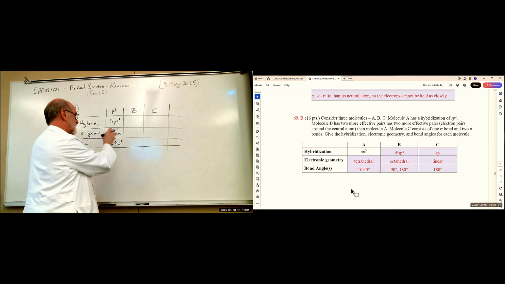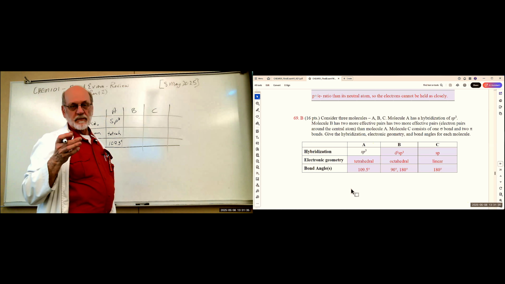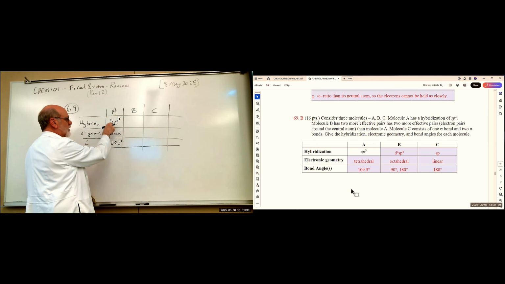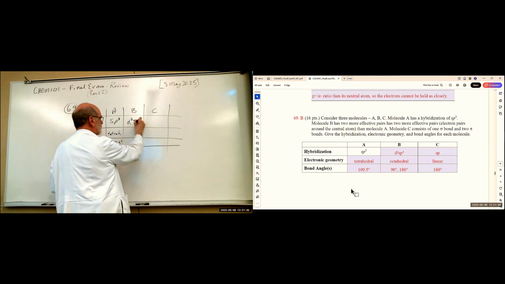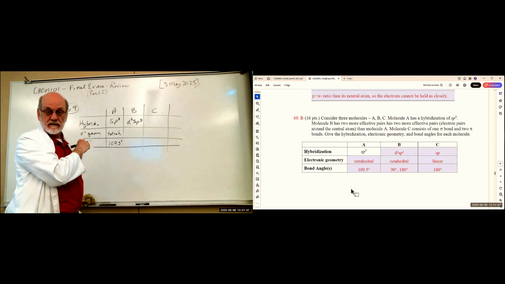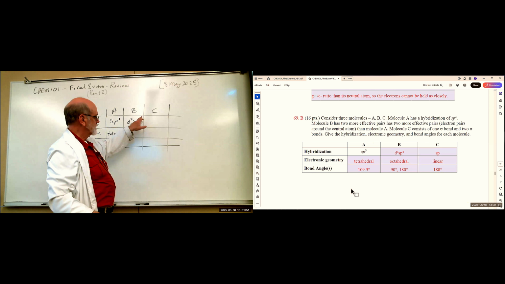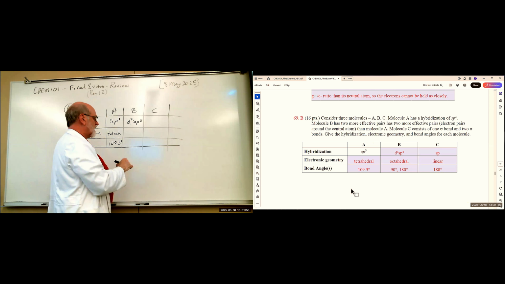Now about B. B has two more effective pairs. If it's got two more effective pairs, we've already used up all of our P's and all of our S's. The only two that we can go to now are D's. So if we have 6, 2, 3, 6, then the electronic geometry has to be octahedral.